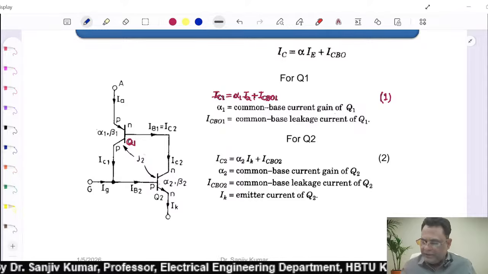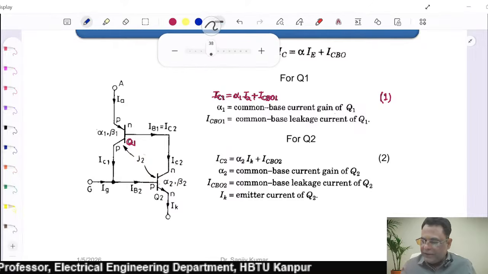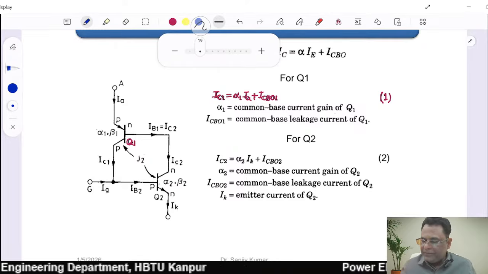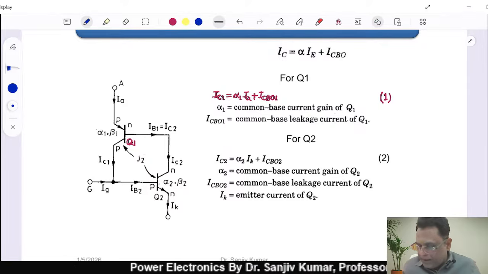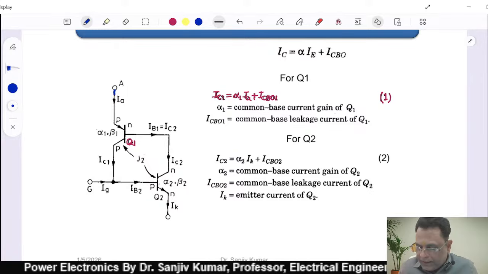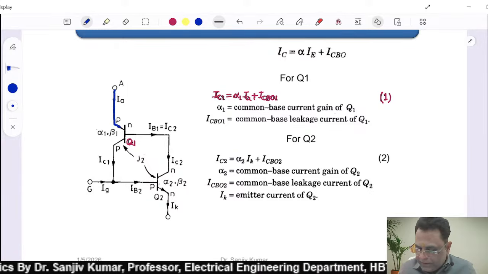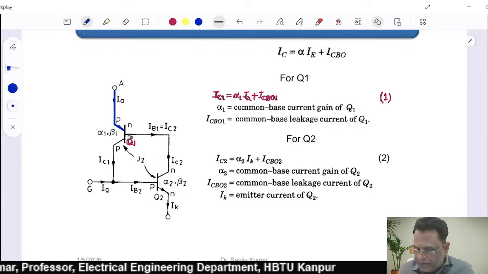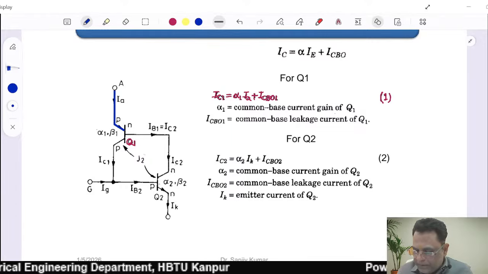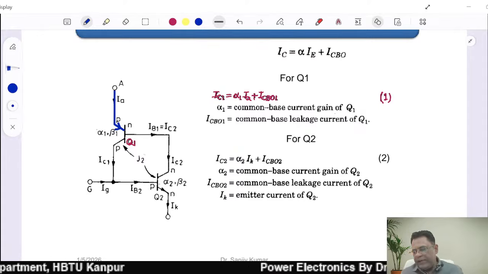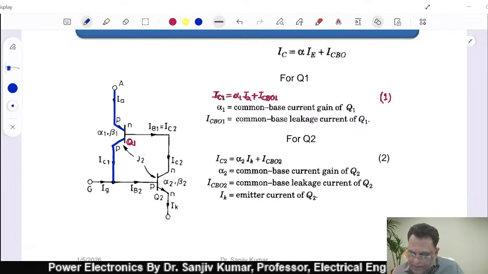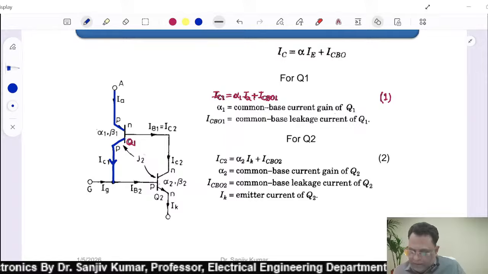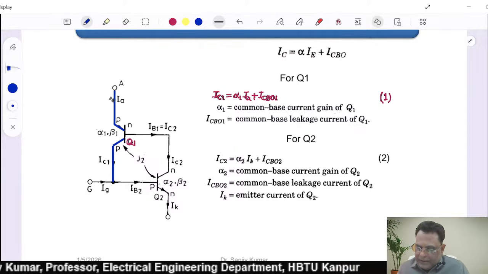You just see this is one transistor, this is one transistor, and it is like this.